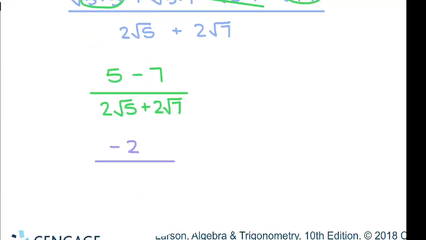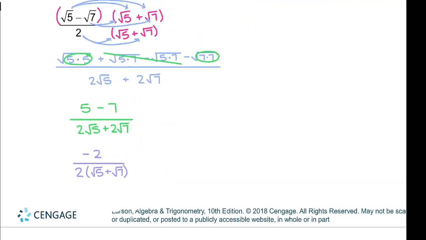If you factored the bottom, this would be 2 times the square root of 5 plus the square root of 7. Now, could you have just kept it like that from the beginning? Yes, you could have. From here, these 2's would cancel out, so you would just have negative 1 over the square root of 5 plus the square root of 7.